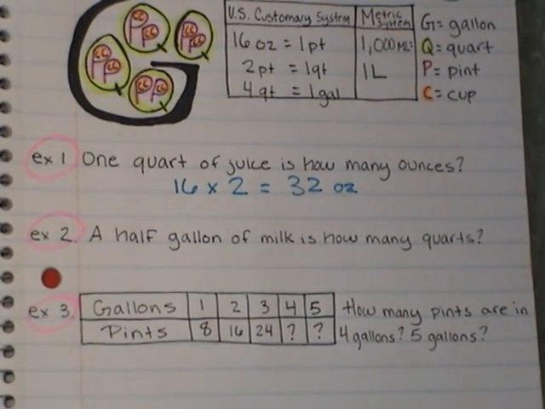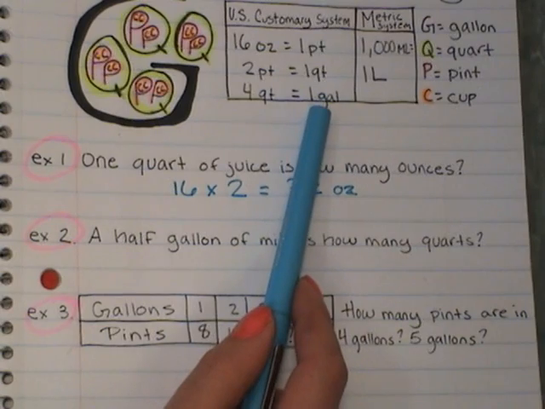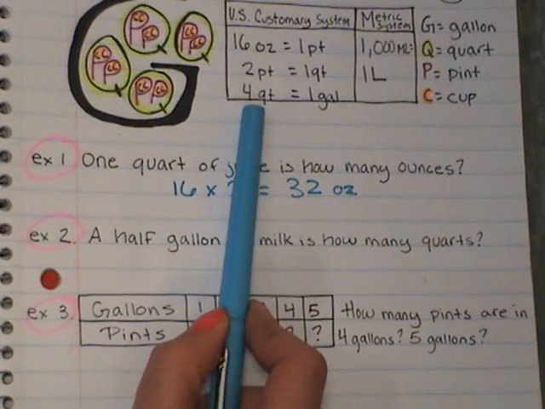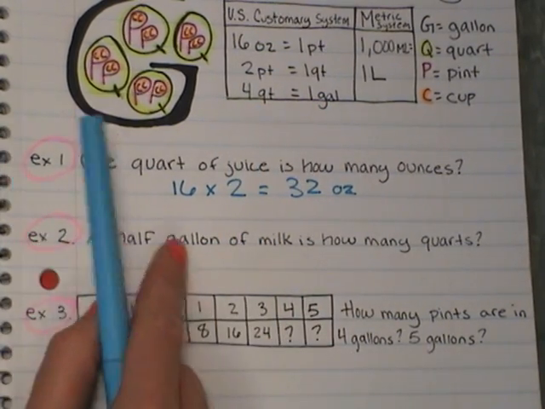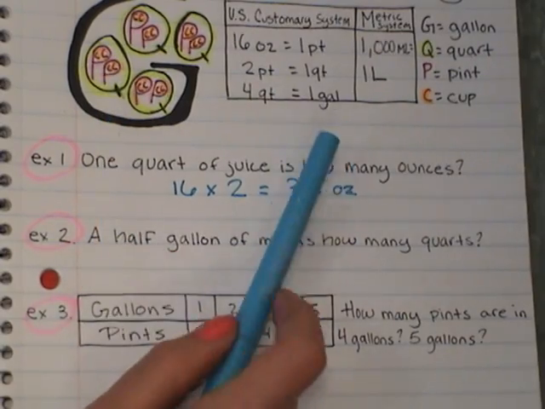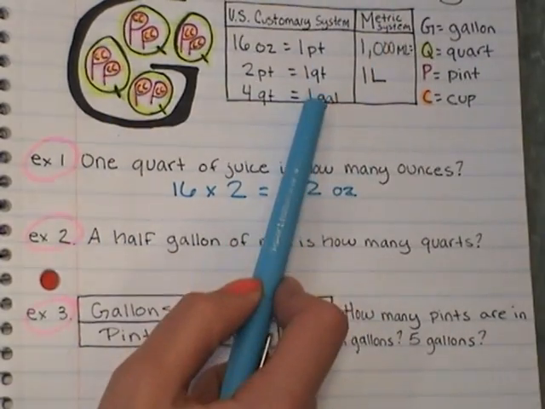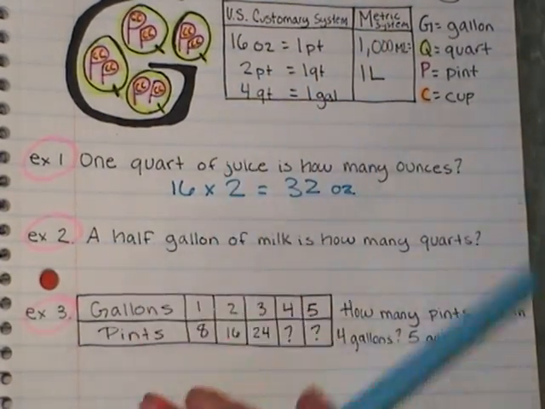A half gallon of milk is how many quarts of milk? So go ahead, look back up at the chart. We're talking about a half gallon of milk is how many quarts? Well, first, when I look up here, I have 1 gallon equals 4 quarts. Okay, but I want a half gallon. So really, if 1 gallon equals 4 quarts, and I'm cutting that gallon in half, I cut my amount of quarts in half.